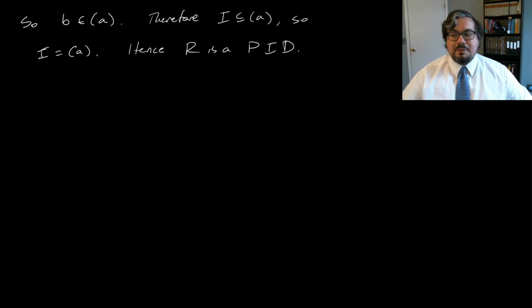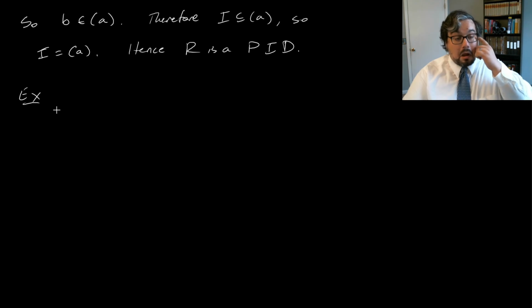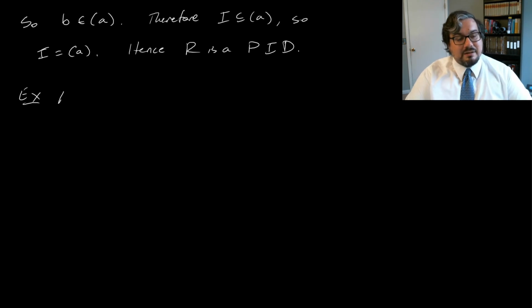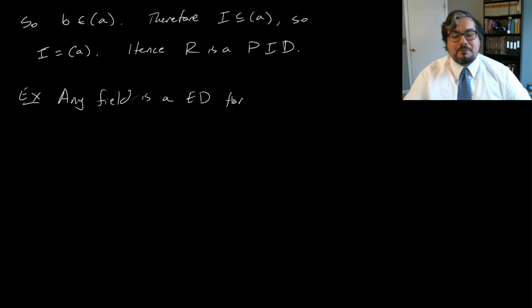All right, and so we have some corollaries to it that we've already mentioned. One of the last things I want to mention here is that any field is a Euclidean domain, and sort of trivially, for any function n.